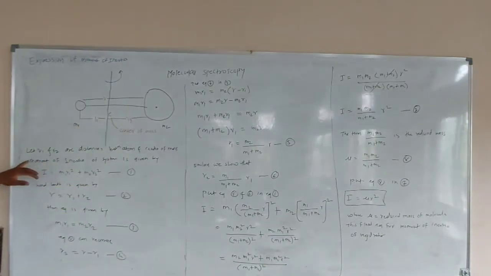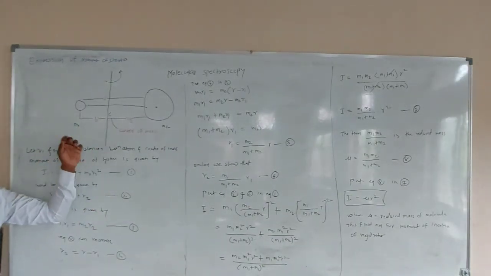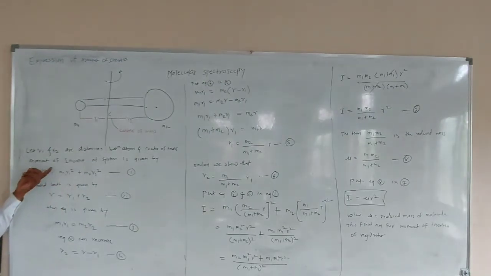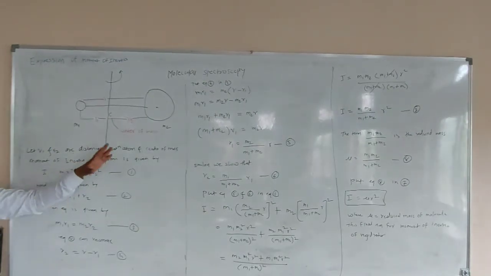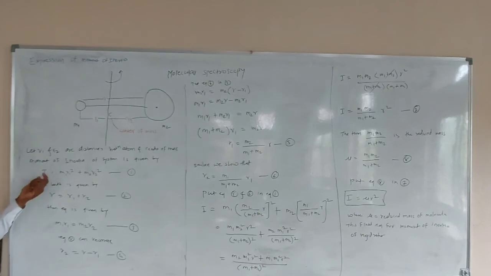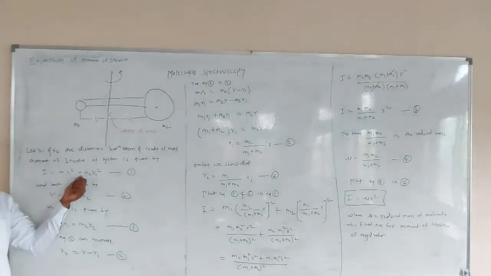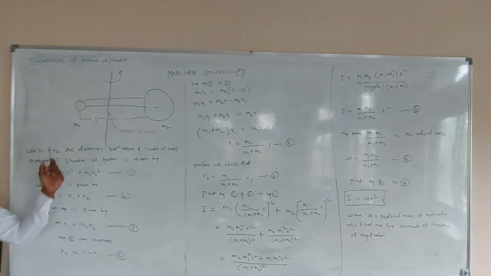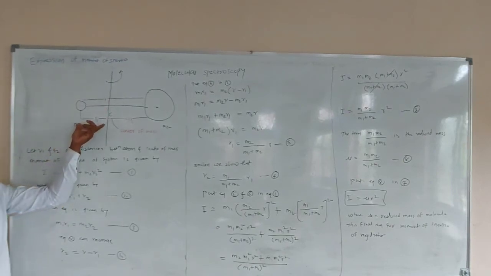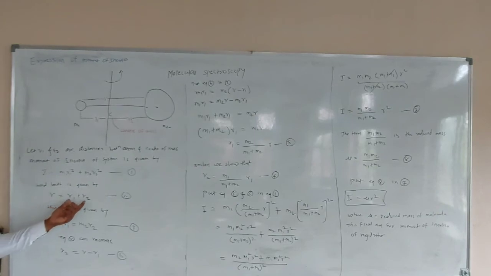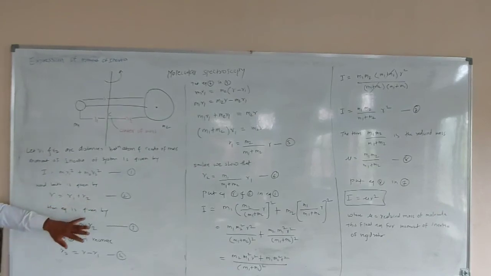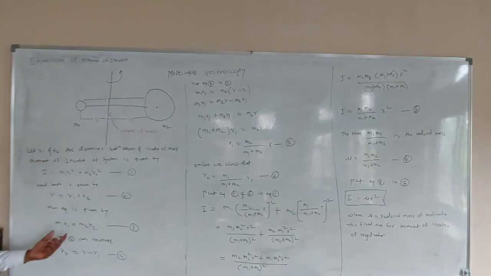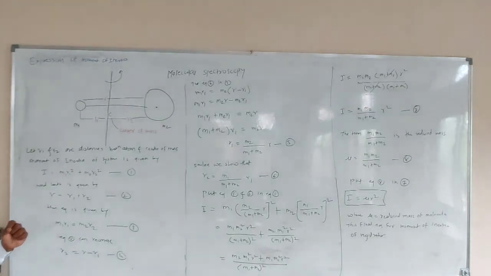The moment of inertia is given by I is equal to m1 r1 square plus m2 r2 square. The bond length R is the sum of the distances r1 and r2. Then the equation is m1 r1 is equal to m2 r2.